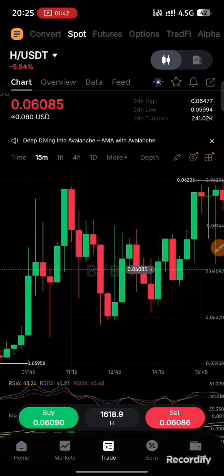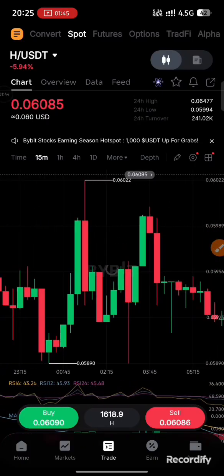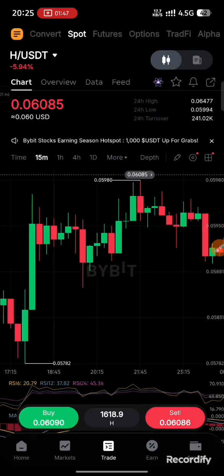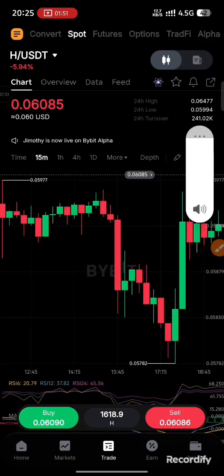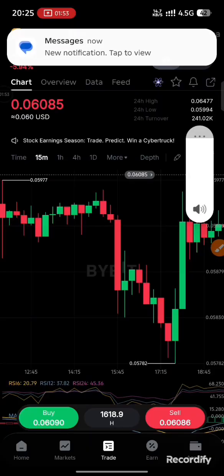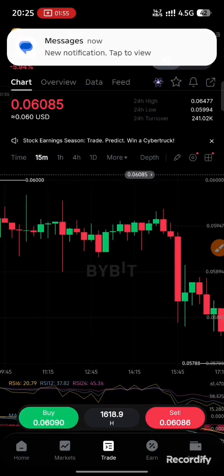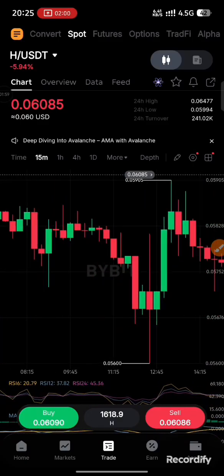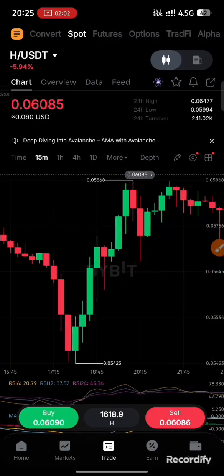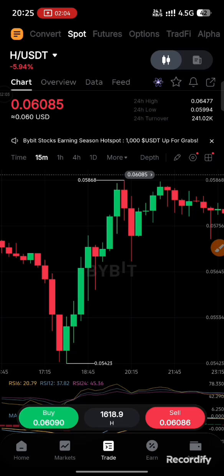Look at it carefully, roll back far, and see how those particular candles have been doing. Then we're going to try this strategy using the 15-minute time frame.